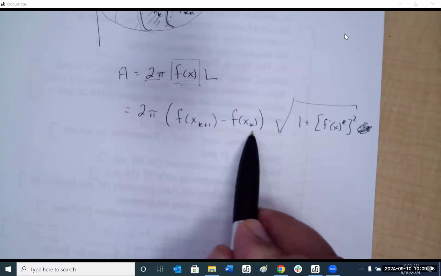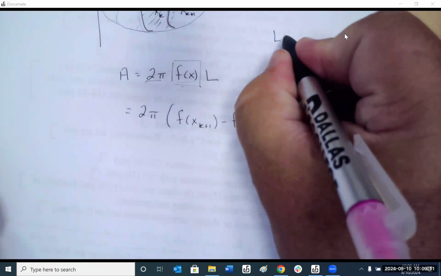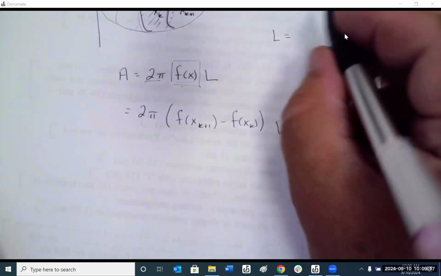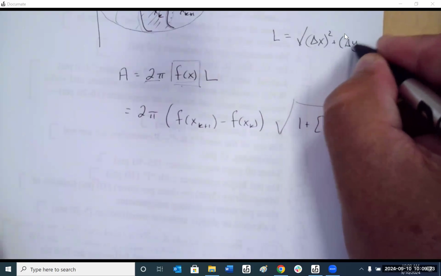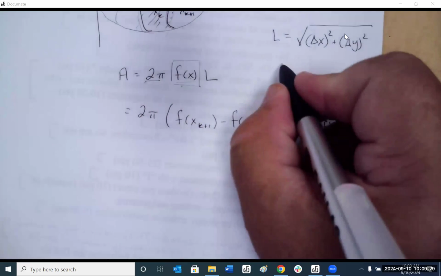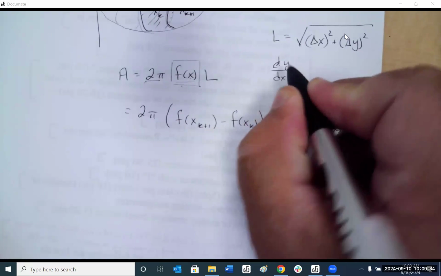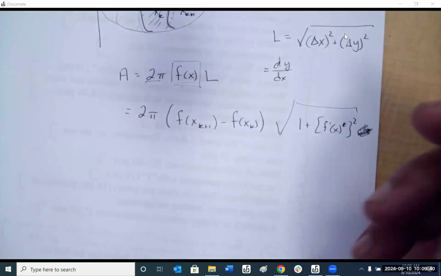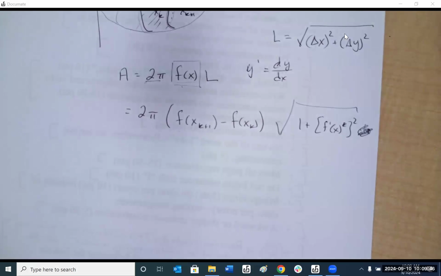But one of the problems we're going to face is this one right here. Well, another thing. Remember how we defined length to begin with last section? And then we defined dy dx. That's our derivative.